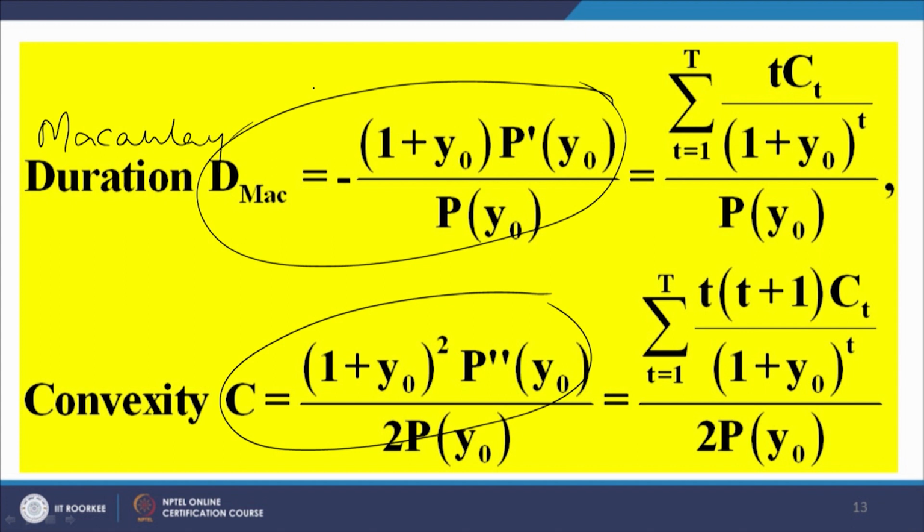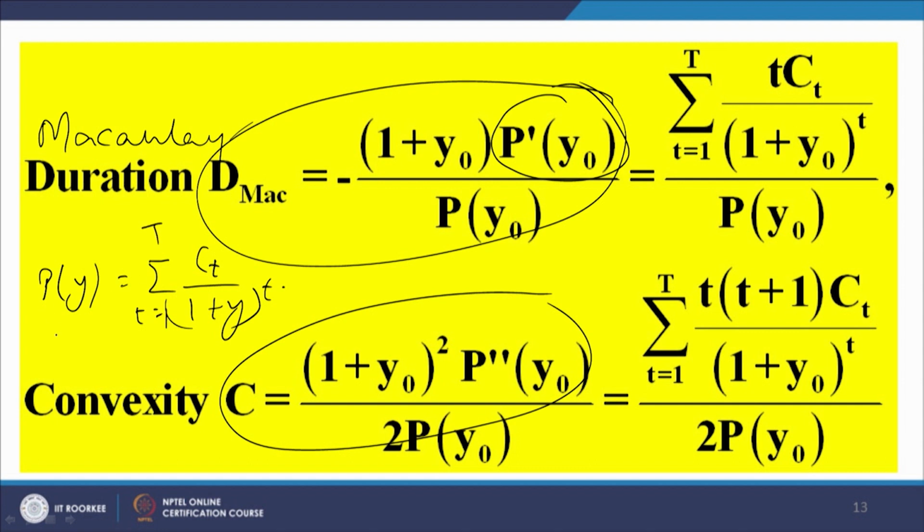And when you substitute the value of P dash of y using P of y is equal to summation Ct upon 1 plus y to the power t, and differentiate this expression that I have written just now and put it in this expression P dash Y0, what you get is the expression on the right hand side.